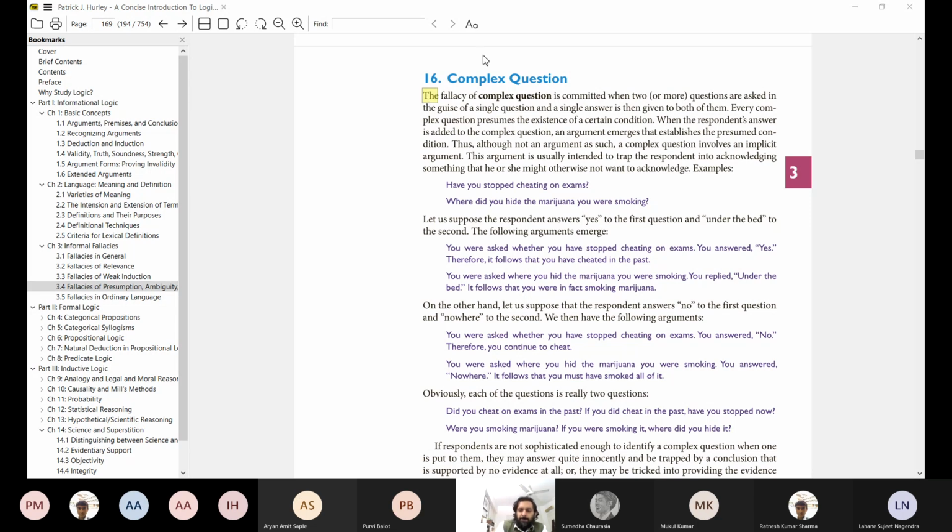And for our purposes, Hurley has a kind of a long list, but we're interested in really 4 types. One is called begging the question, which is the first one that Hurley talks about. Then we have the complex question that we've just looked at.